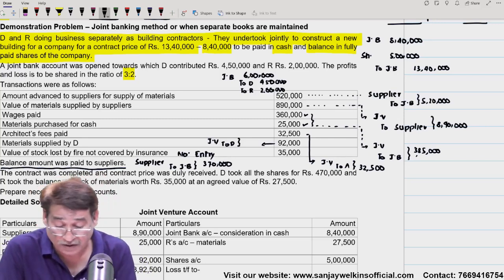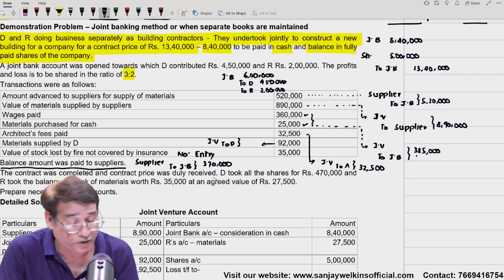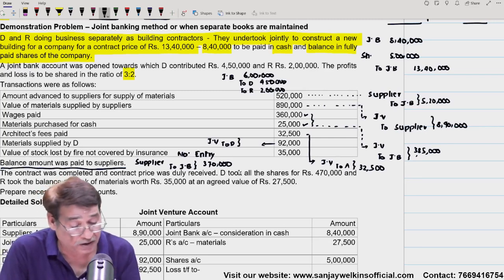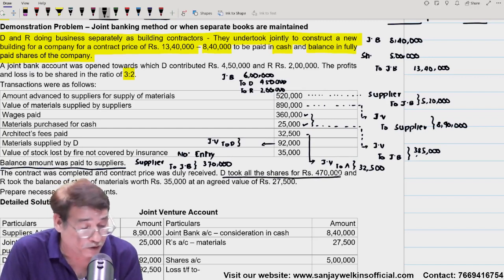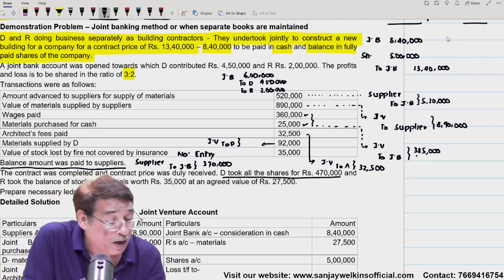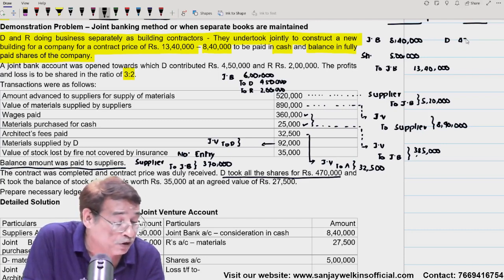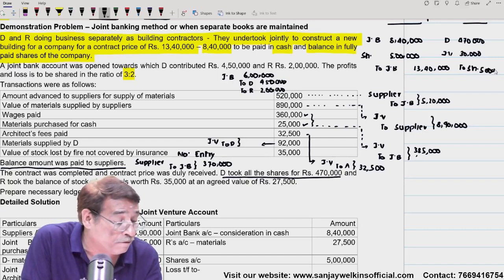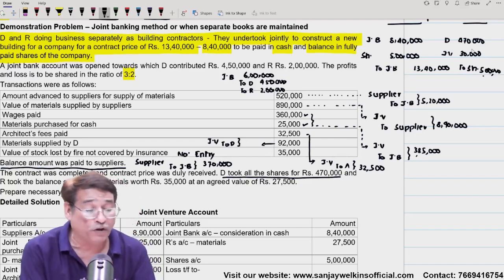Then the question says that the contract was completed and the contract price is received. So you are going to pass this entry. Further, it is given that D took over all the shares for 4,70,000. After this, you are also going to write D account. D has taken over the shares for only 4,70,000. So there is a loss in the shares, 30,000, to shares account, 5 lakh. 5 lakh worth of shares taken over by D for only this much.